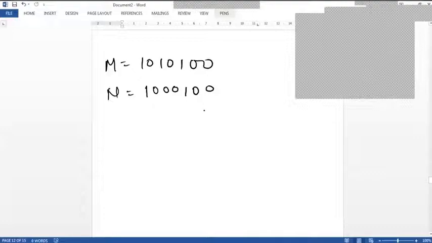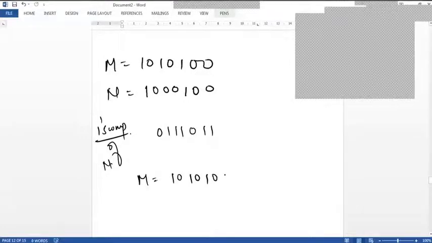Now we are seeing how to do it using 1's complement. Both the answers would be the same, the procedure would differ. 1's complement of n will be, just flip all the digits. Then we will add it to m. I am writing every time and I expect that you also write like this. Okay, what did we add to what?